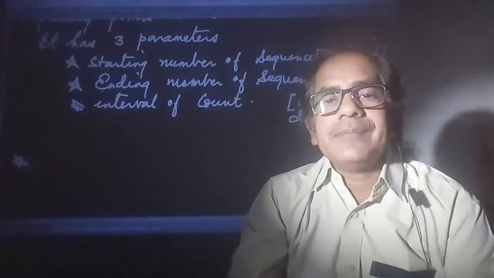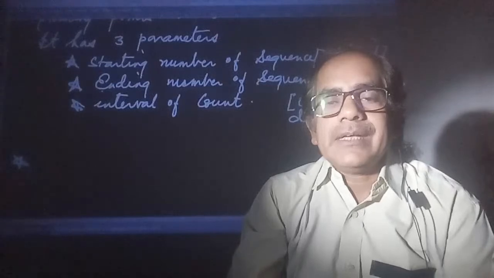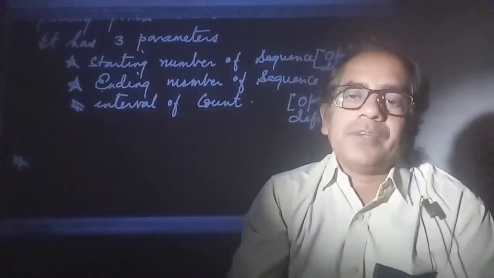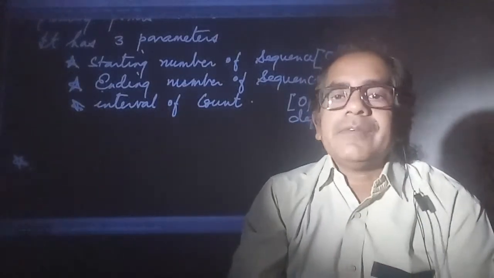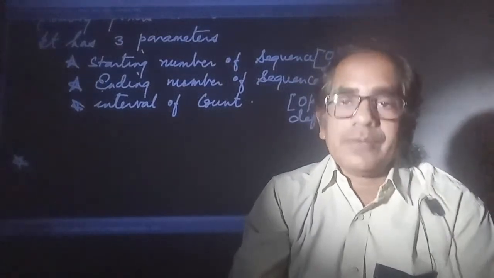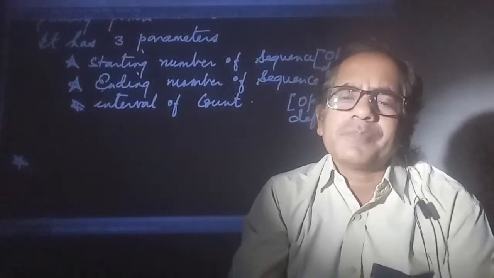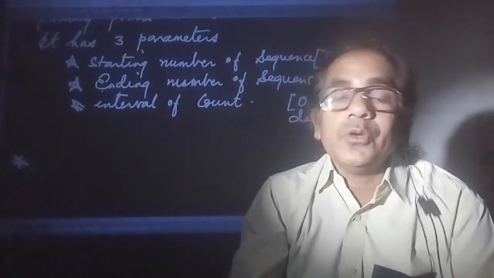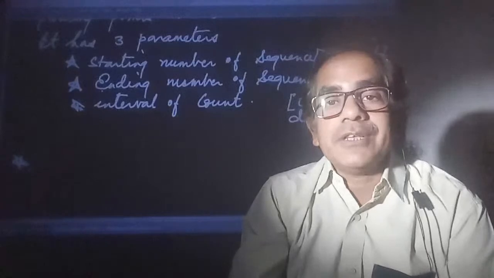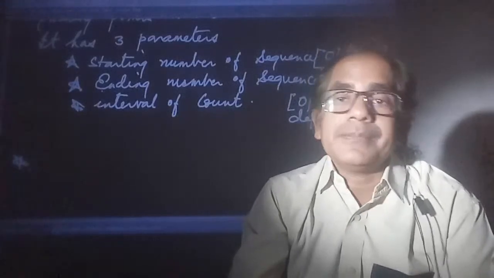The number of items cannot be known instantly. You have to apply a function like size, and then you will come to know how many numbers have been generated in this particular case.